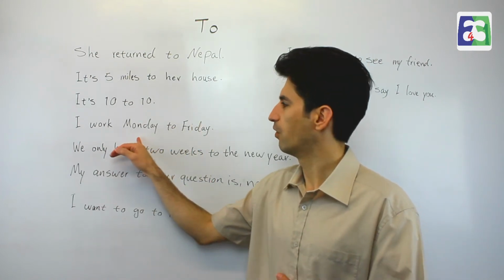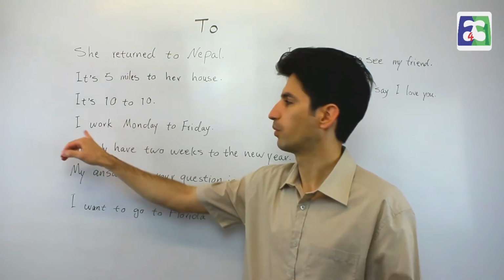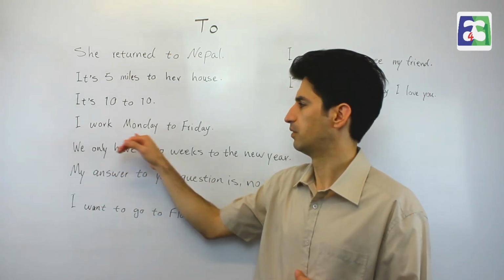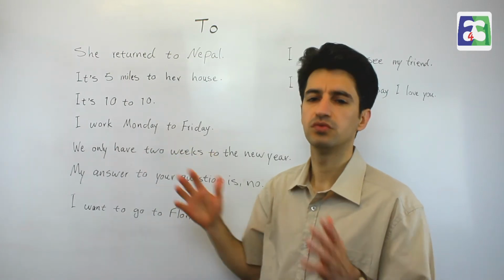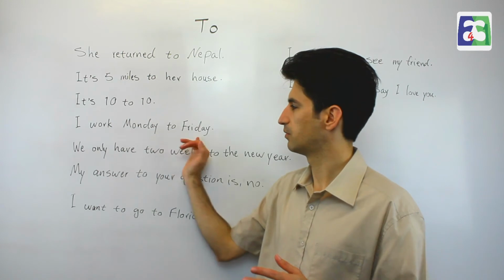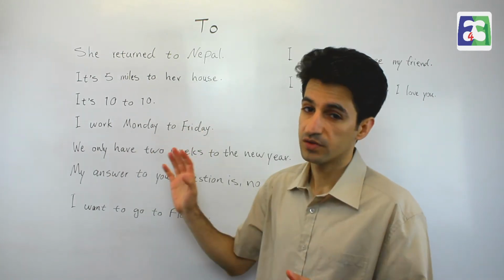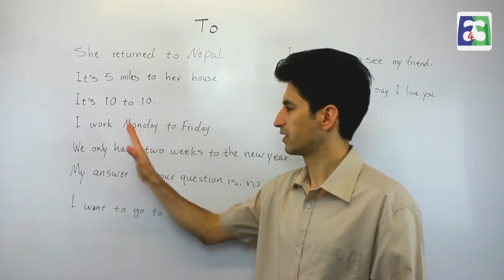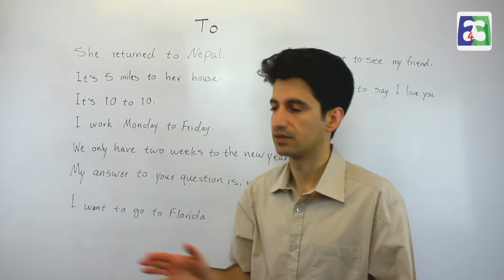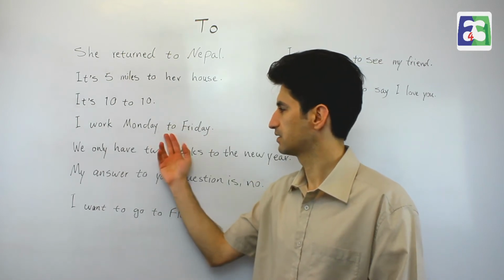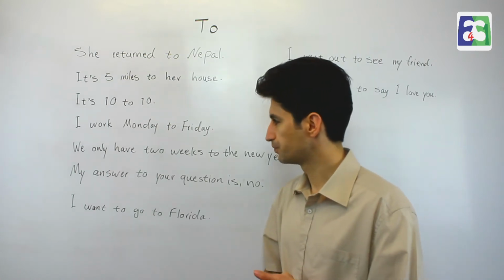Or within a year: I work from May to September. So 2 months. Then we just put them in our sentence, separating them by "to". The first one is the start time, the second one is the end. So they are related by that "to". That's another area that we use "to".